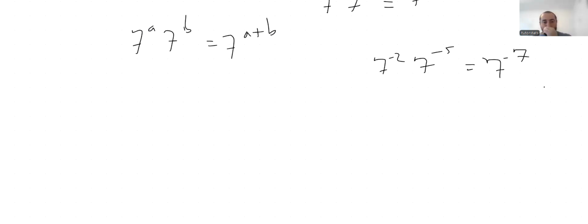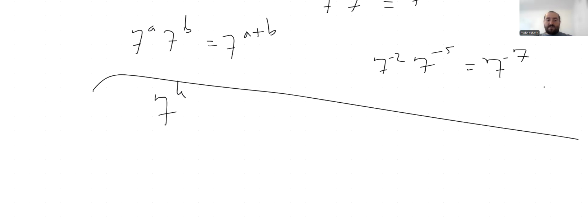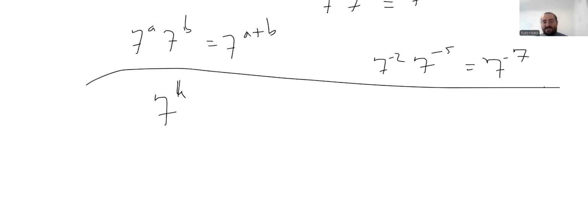Hey, genius, we're developing this idea where 7 to the k, with k being any real number, is a group. Because it's closed, 7 to the a times 7 to the b equals 7 to the a plus b, where a plus b is another real number, which is allowed to be an exponent, right?